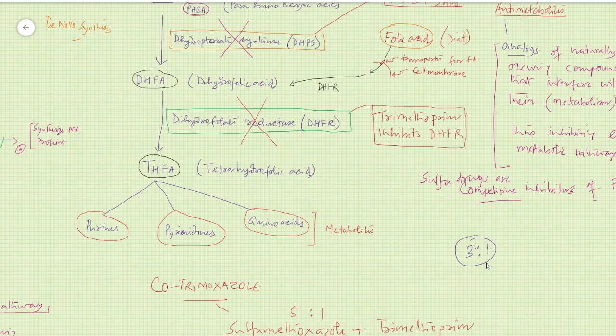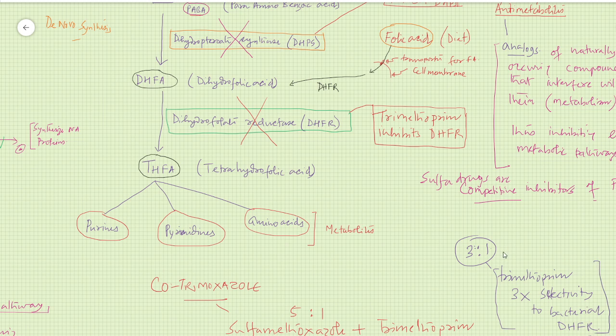That means trimethoprim has about 3 times selectivity to bacterial dihydrofolate reductase. Okay, so it has 3 times more selectivity towards bacterial dihydrofolate reductase, and therefore it can be thought of as having selective toxicity.